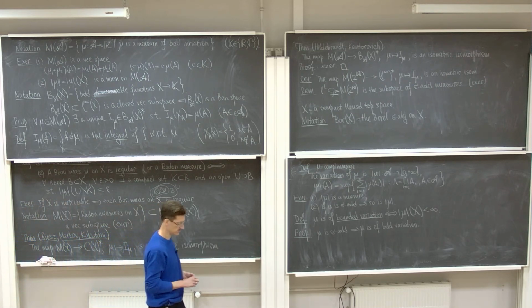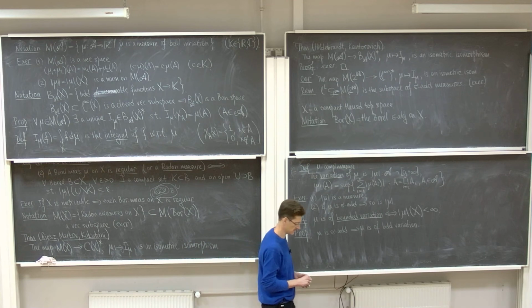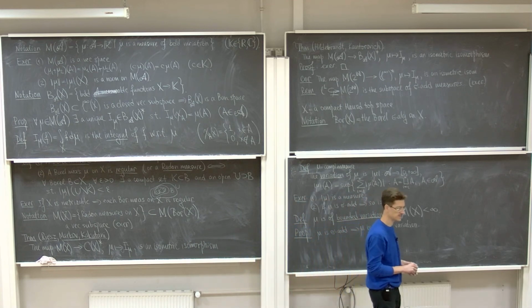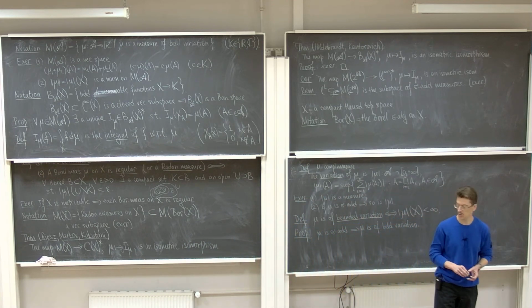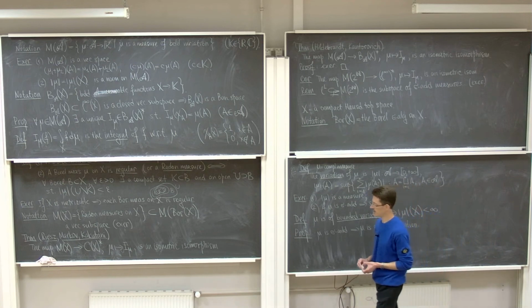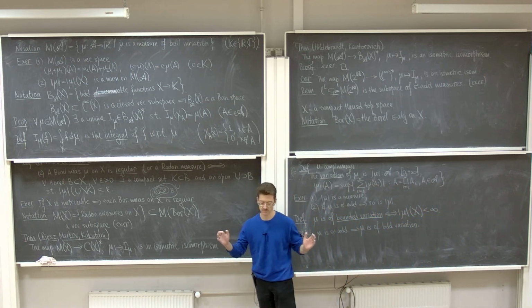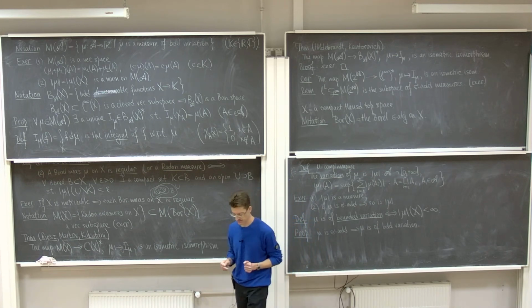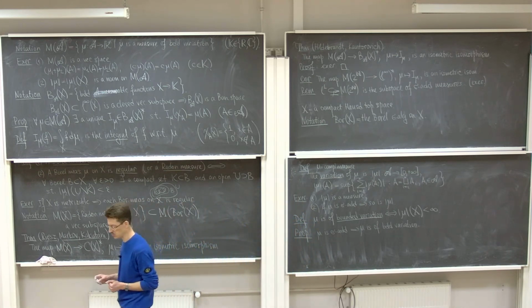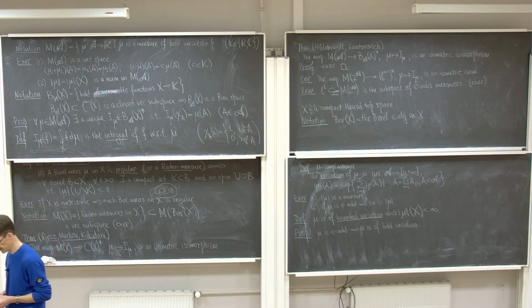And by the way, one final remark about this theorem: it has a rather interesting history. First of all, it was proved by Riesz in the special case where X is the closed interval on the real line. This is 1909. Next, it was generalized by Radon to the case where X is a compact subset of R^n.